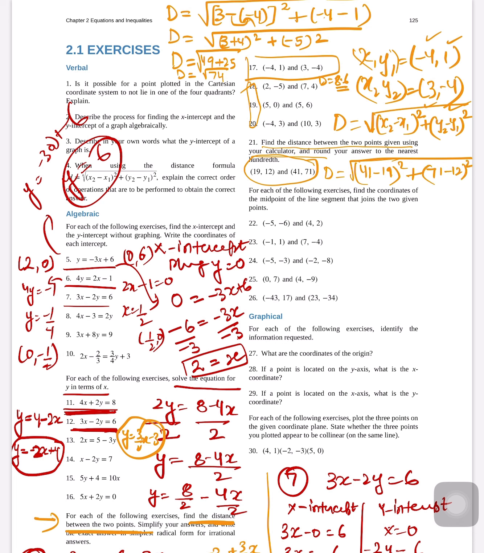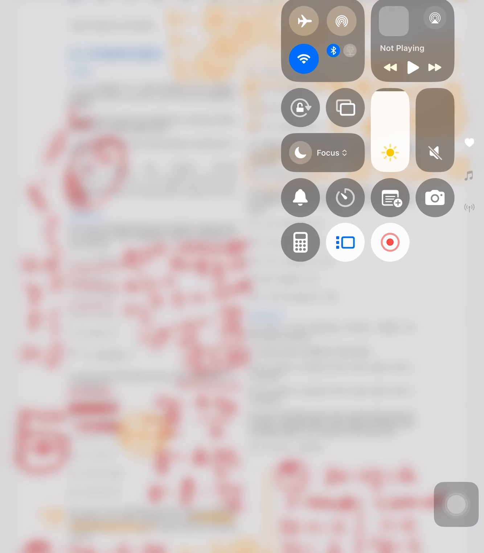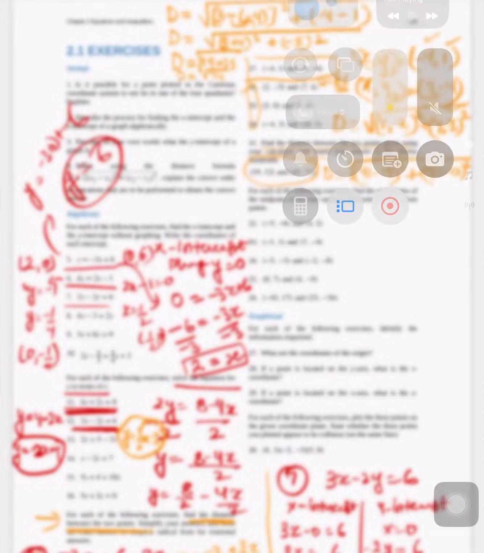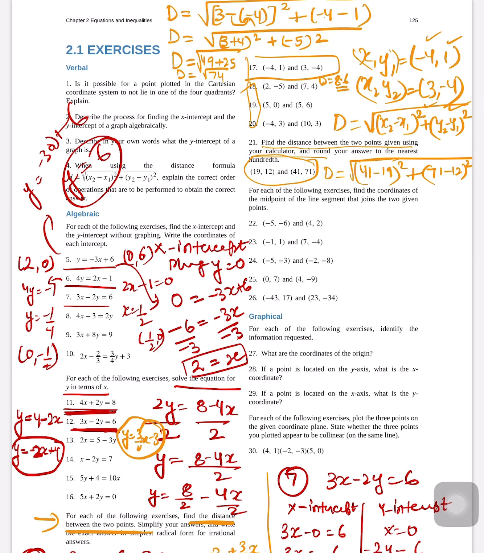Whatever the answer is, you can use the calculator to solve the radical, correct? If they tell you to use the calculator, you can round it off to the nearest hundredth. Otherwise, you can leave it as a radical.